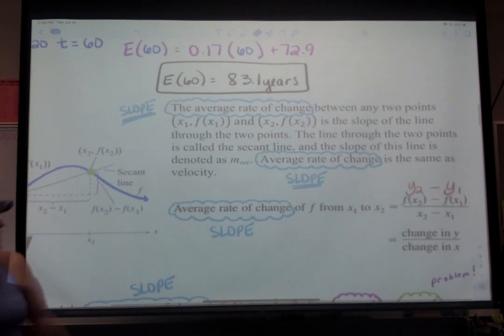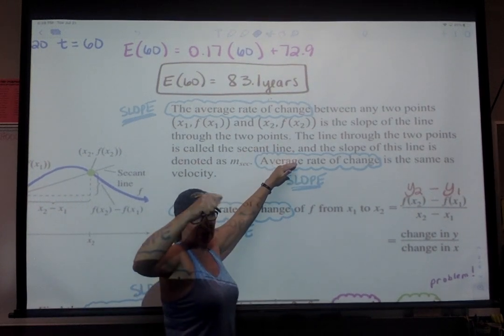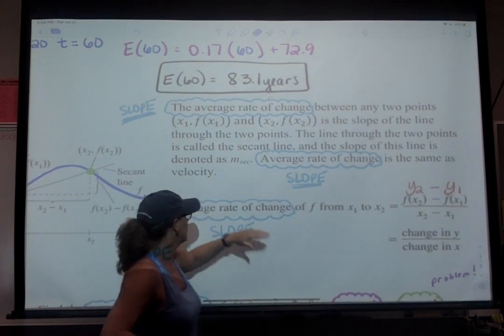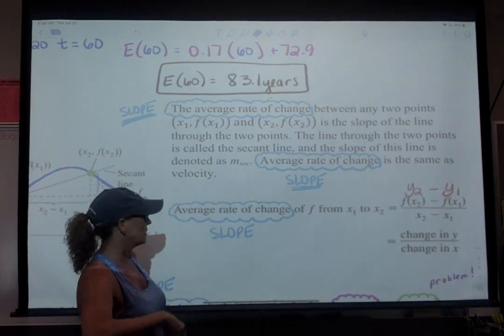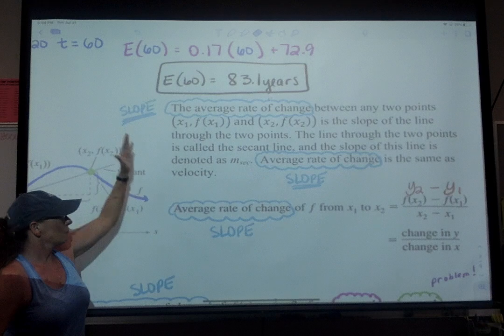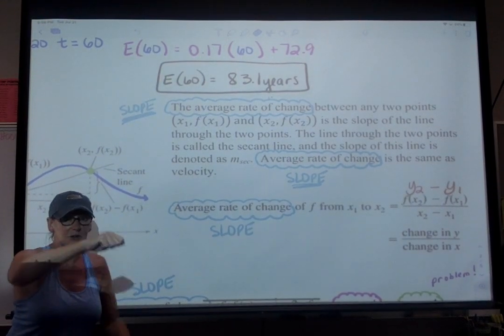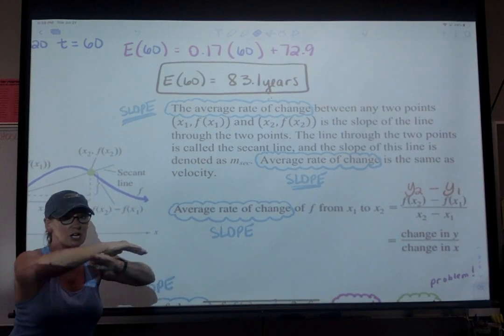Keep going. Everywhere you see average rate of change, cloud it, write slope. In fact, pause the video. For the rest of the page, it should happen 5 times. Cloud average rate of change and write slope.